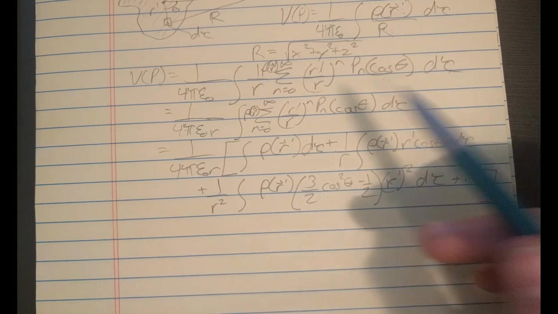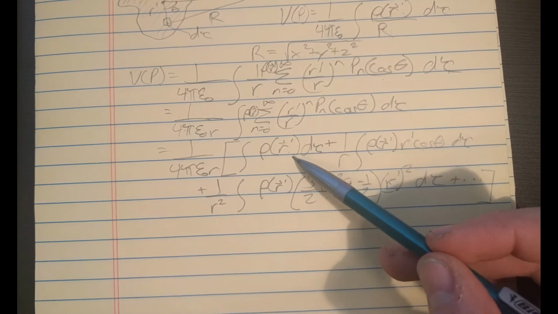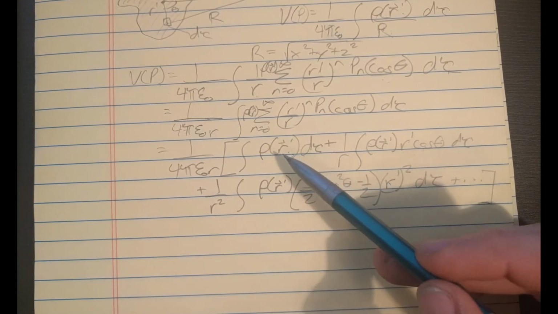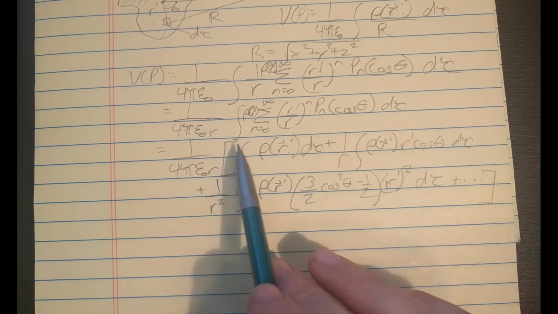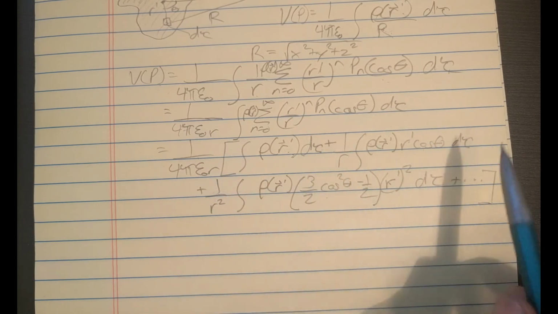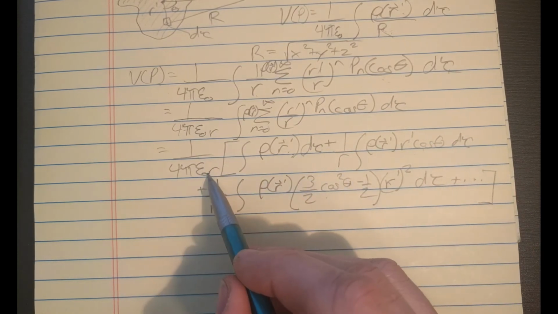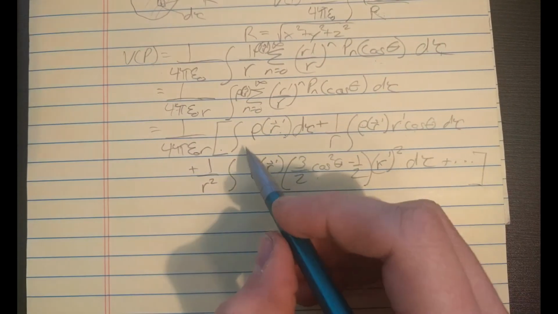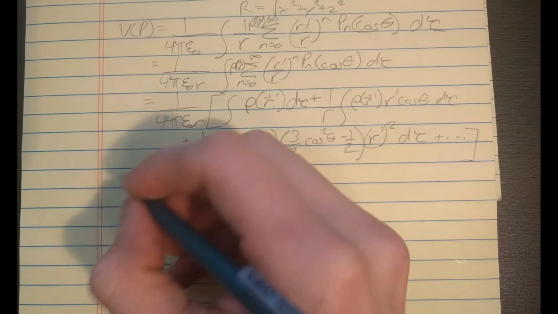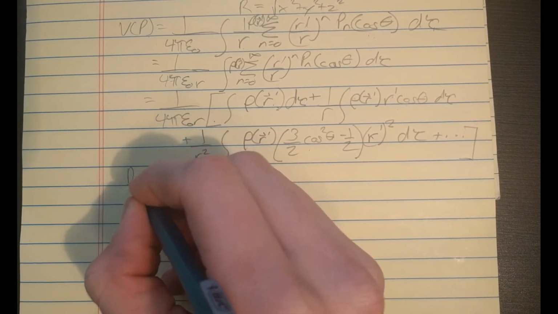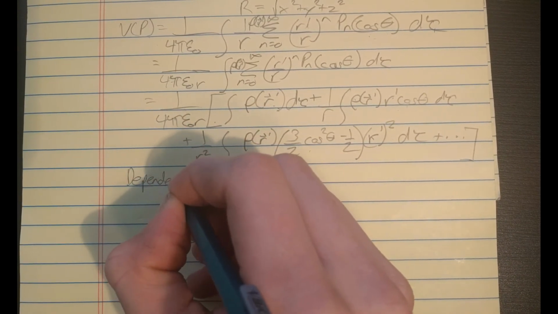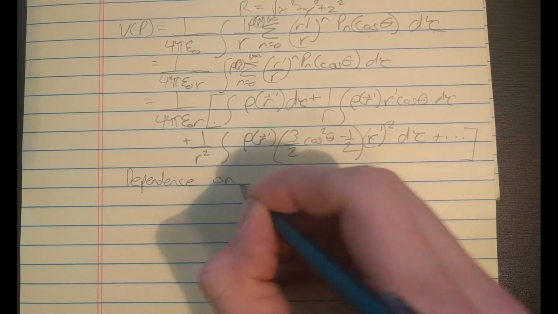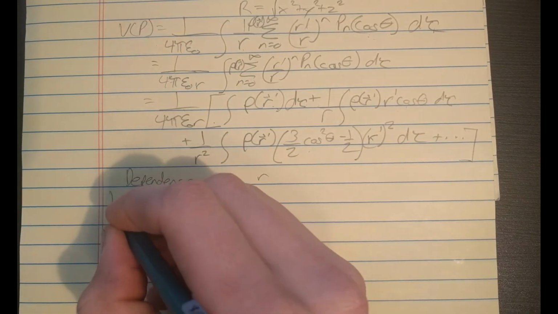So the potential due to just a monopole is the first term. If we were to distribute this little r, you would see that the monopole dependence, let's summarize this here as dependence on little r.